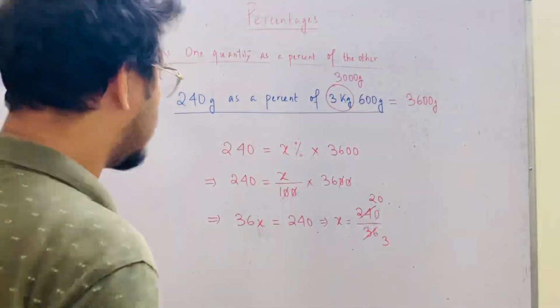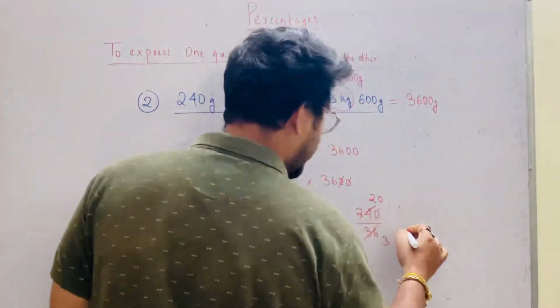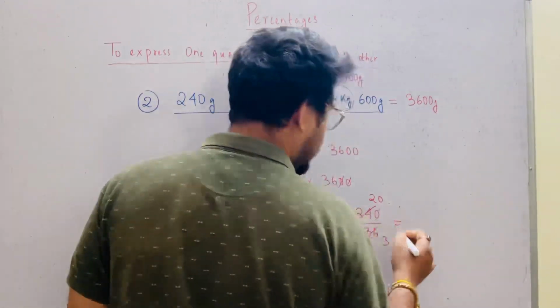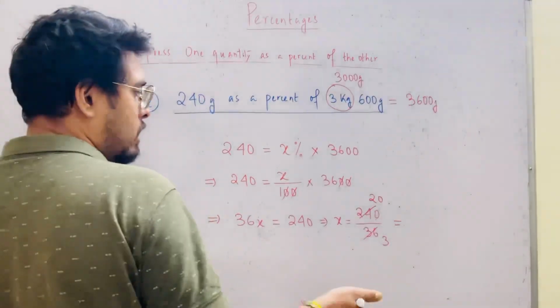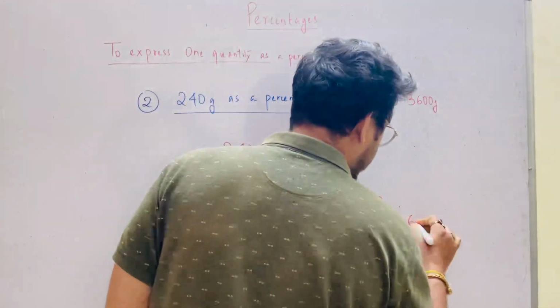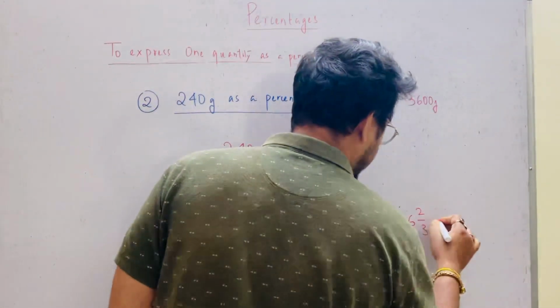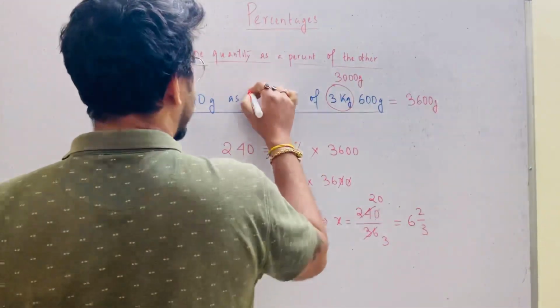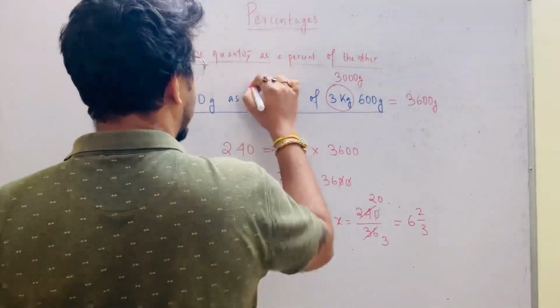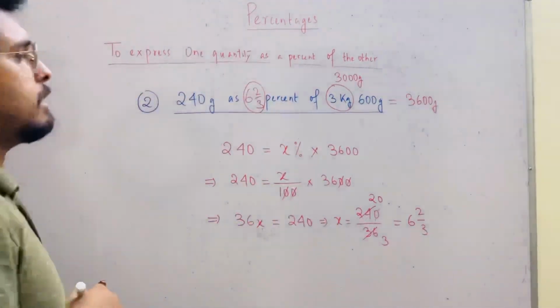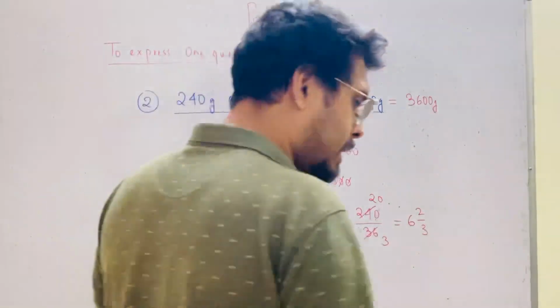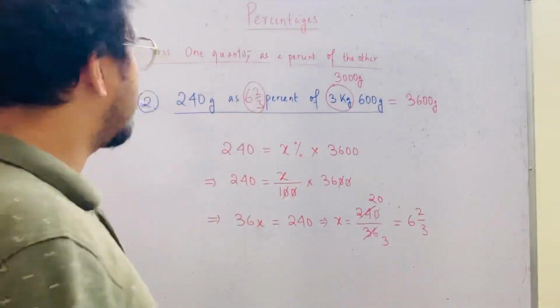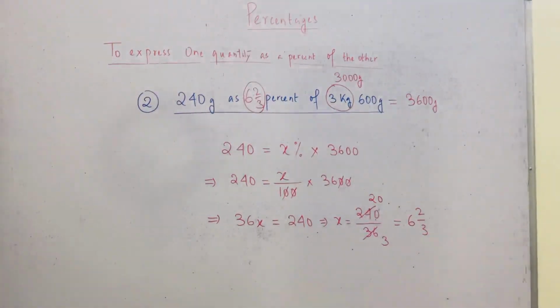So the answer is going to be 20 by 3%. 20 by 3 can also be put into a mixed fraction, so it is going to be 6 and 2/3. That is the value of x. So the answer is going to be 6 and 2/3%. This is for the second question.